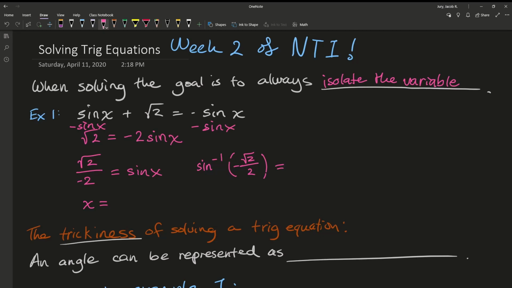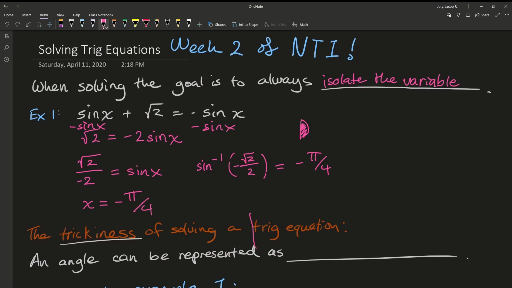And you're thinking through, well, I have to answer an angle that's on this right half of the unit circle, if we remember that from our inverse trig unit, and that's got to be negative pi over 4. Cool, so x has to be negative pi over 4.